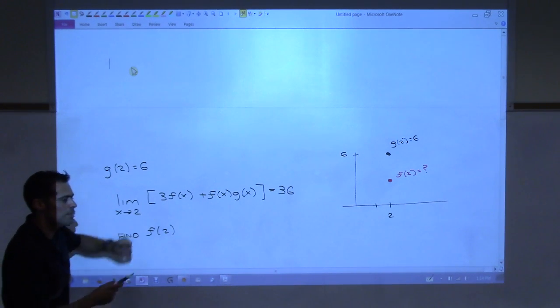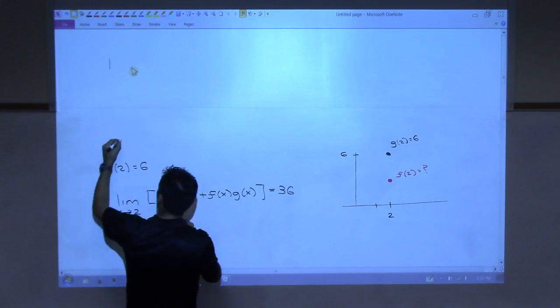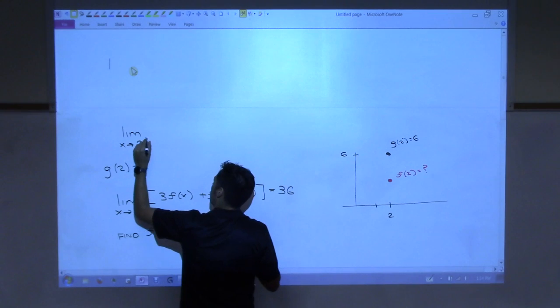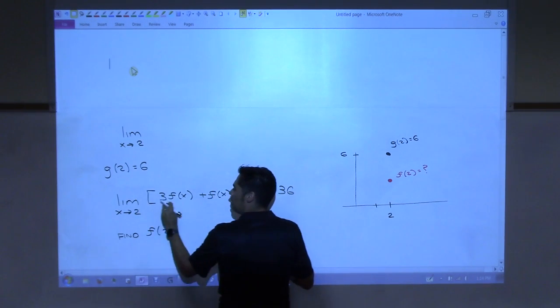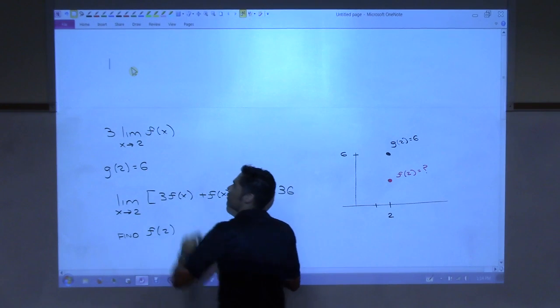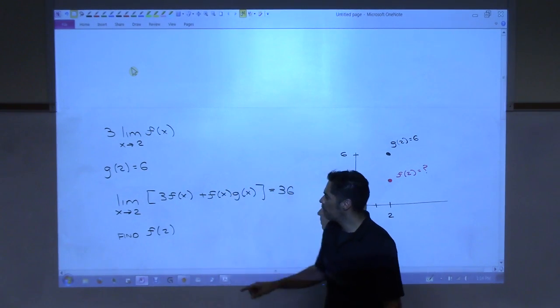just this piece. And remember, with limits, you can split them, right? Why can I split that? The limit laws, right? I could write 3f of x, and I can also take the 3 out because the limit laws tell me that constants can come out. So this rewritten using limit laws is that.